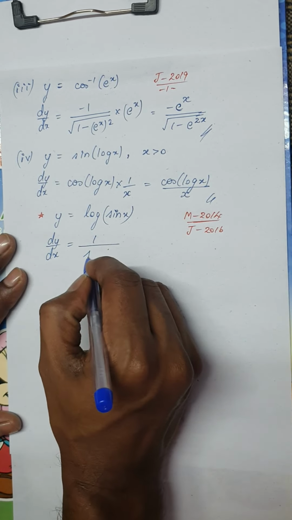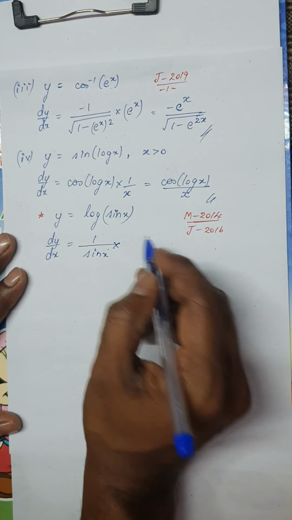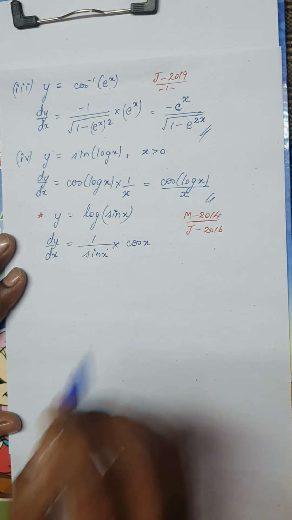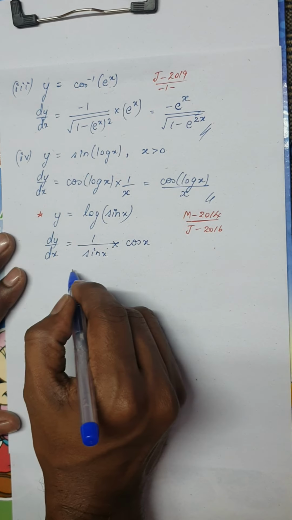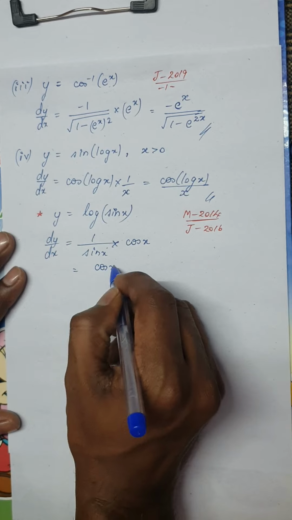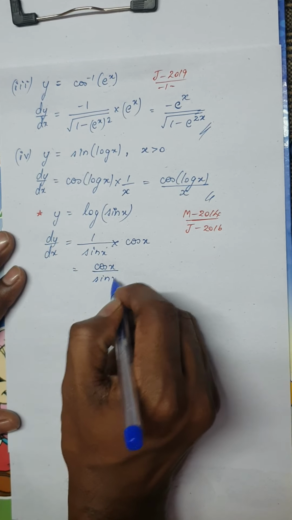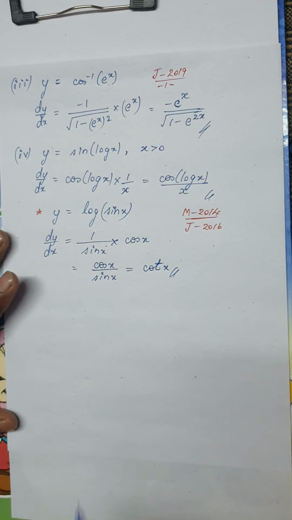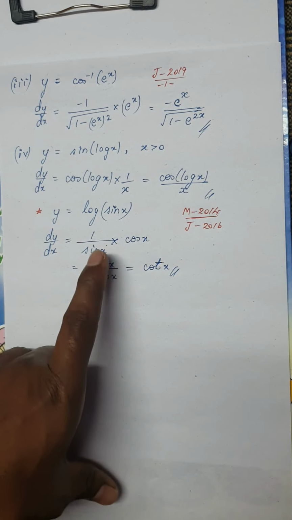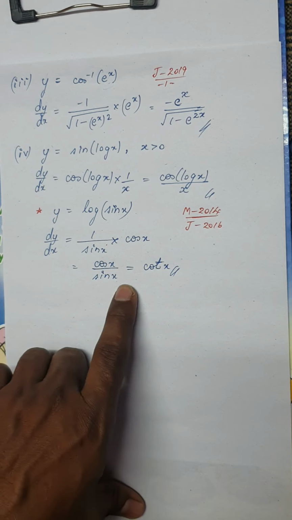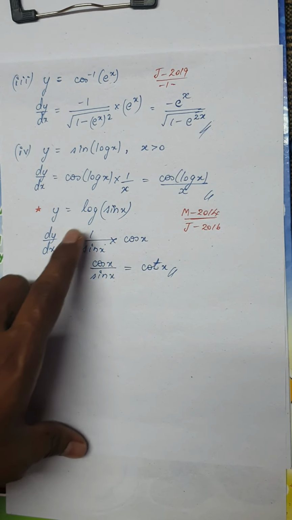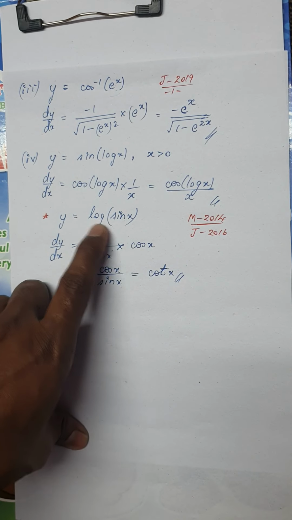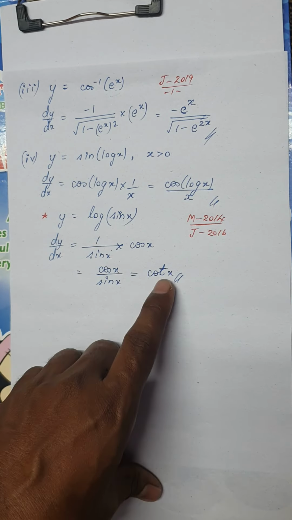We know the derivative of log is 1 by sine, into the derivative of sine. The derivative of sine is cos x. So you will get cos x by sin x, which is cot x, a regular ratio. You can remember this result as a formula itself: the derivative of log of sin x is cot x.